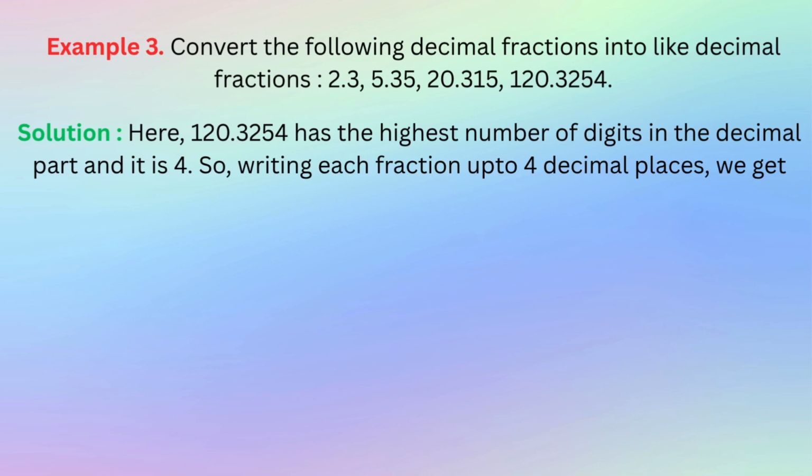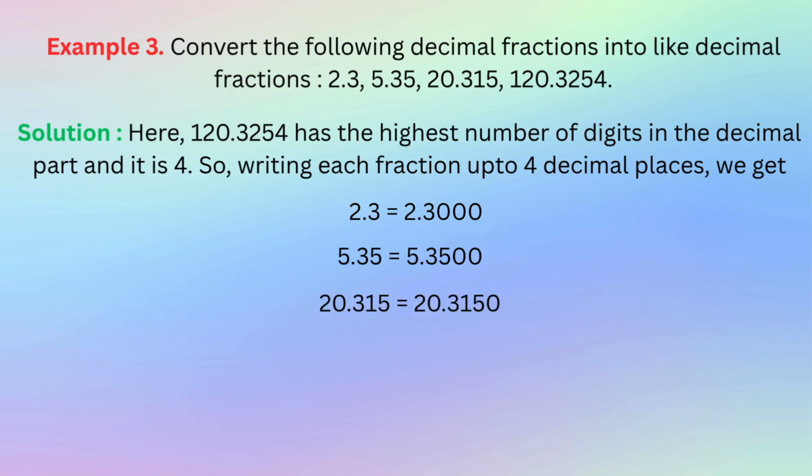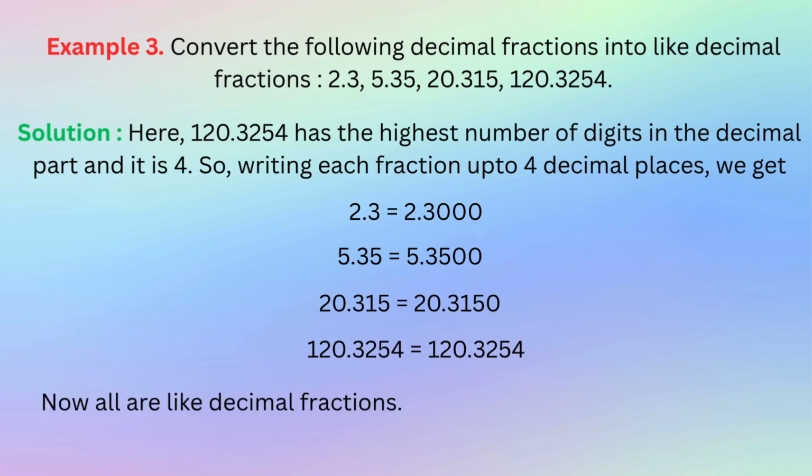So, writing each fraction up to 4 decimal places, we get 2.3 equals 2.3000, 5.35 equals 5.3500, 20.315 equals 20.3150, 120.3254 equals 120.3254. Now all are like decimal fractions.